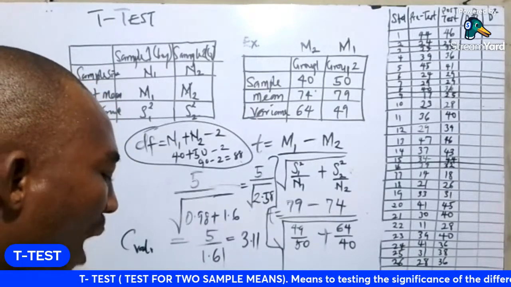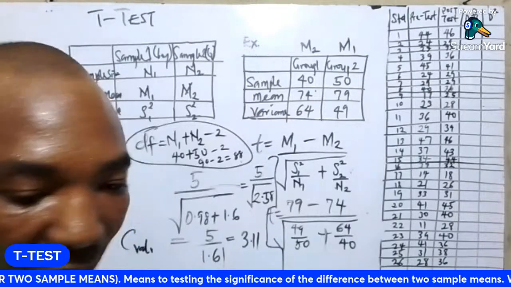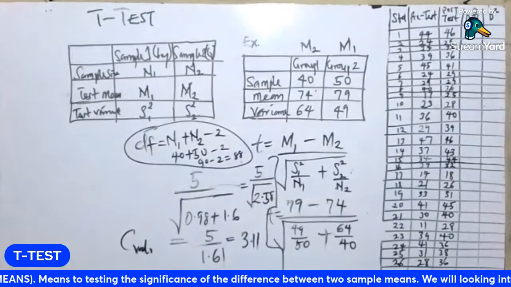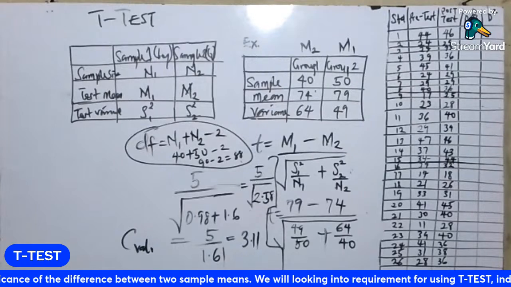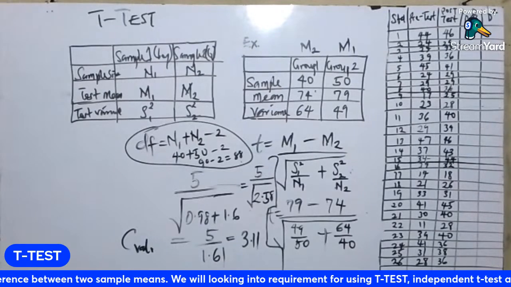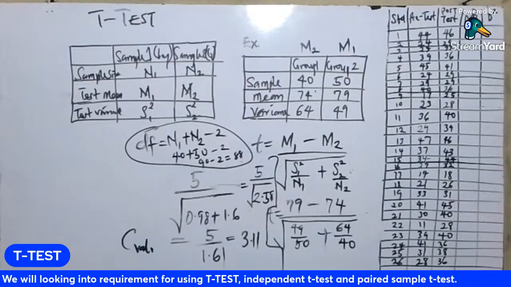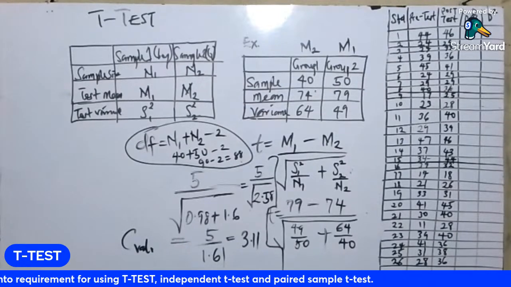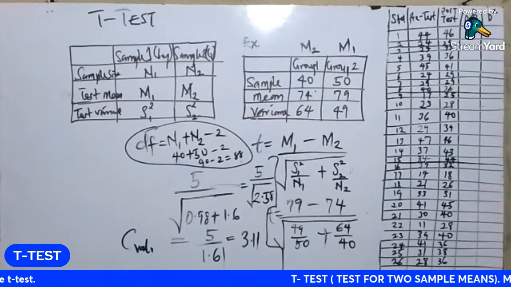So where will I see my t-test table? Can somebody just point that out for me? On the chart, where will I get my critical table? Which table am I checking now? I need someone to talk to me. Don't forget, yesterday when we did chi-square, we checked the chi-square table.